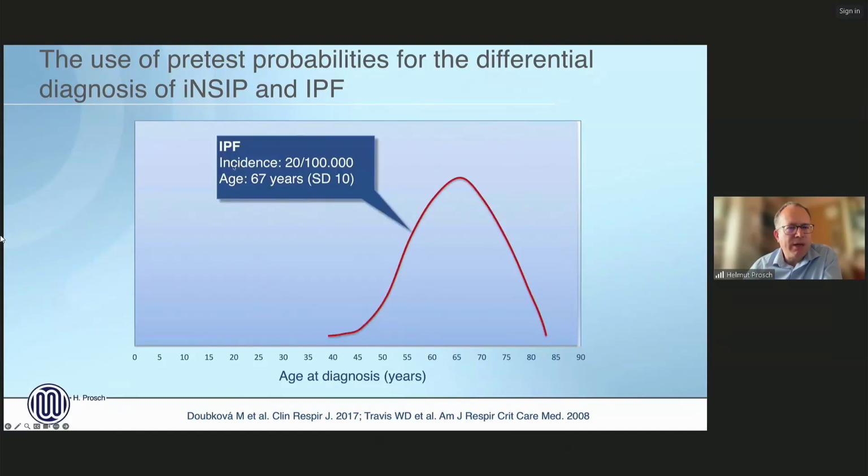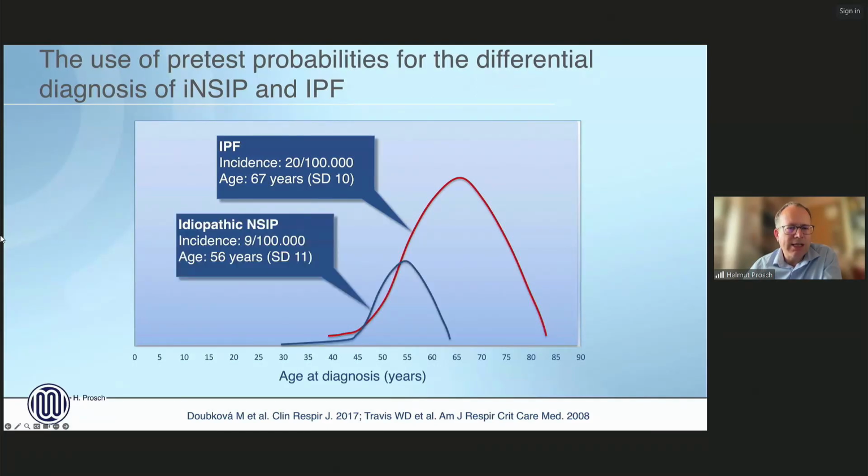If you look at IPF, it shows a peak at around 67 years and a quite broad age distribution. It's quite a common disease as compared to other idiopathic diseases. And if you look now at idiopathic NSIP, it's much less common. And the age peak is around 56.